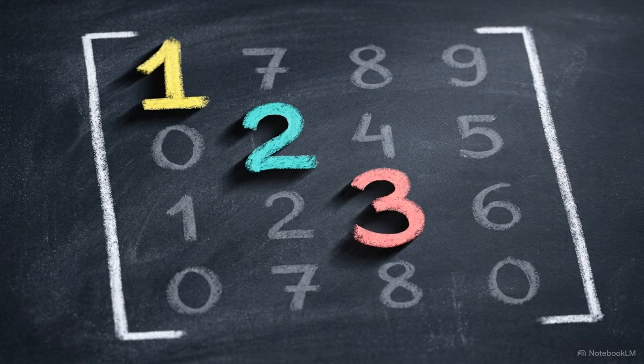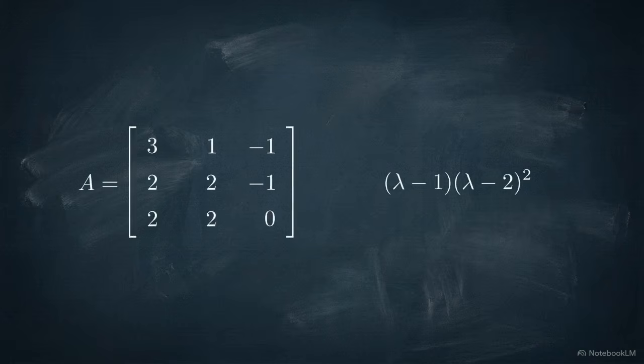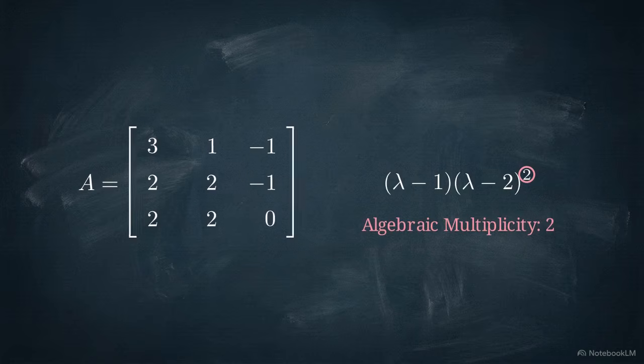One primary application of finding these values is diagonalizability, the process of simplifying a matrix to its core scaling factors. Theorem 2 states a matrix is diagonalizable only if the number of times a root appears algebraically matches the geometric dimension of its null space. In Example 2, the characteristic polynomial has roots of 1 and 2. Because the factor lambda minus 2 is squared, the algebraic multiplicity of the root 2 is 2.